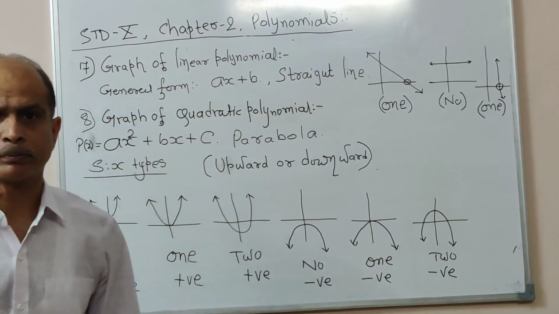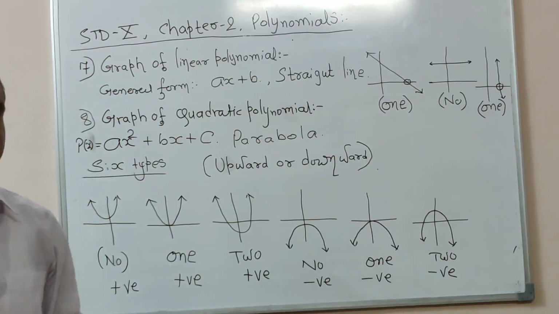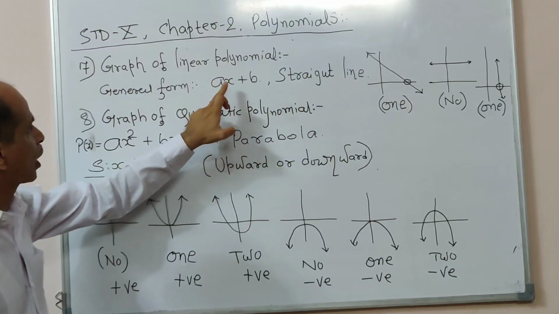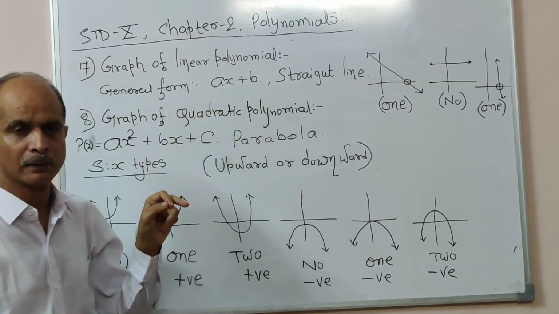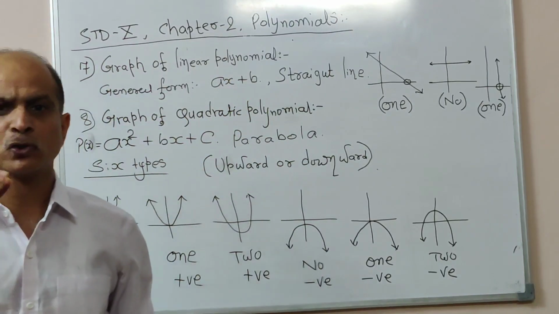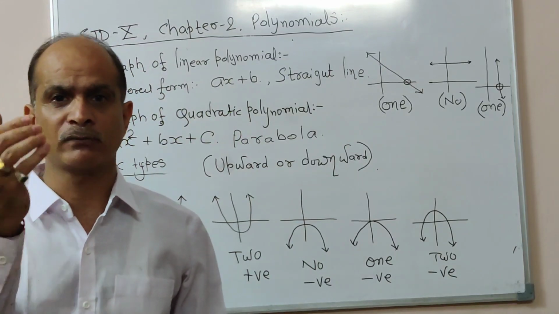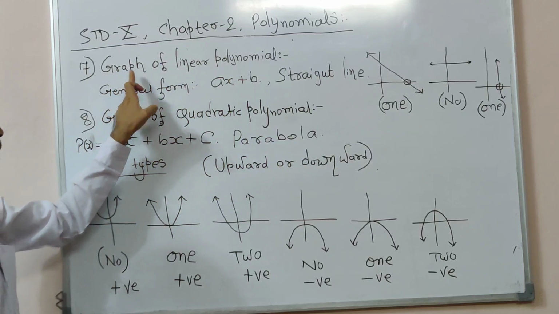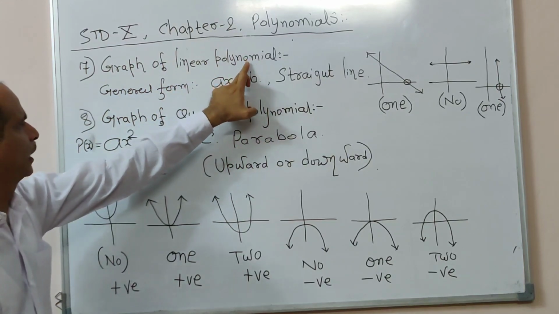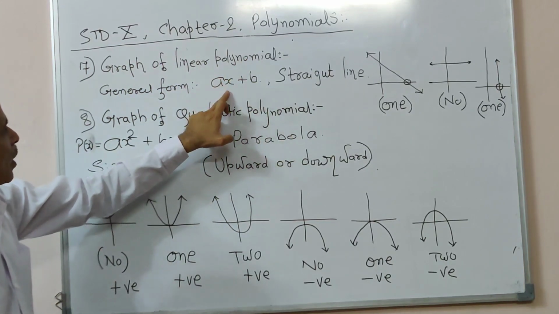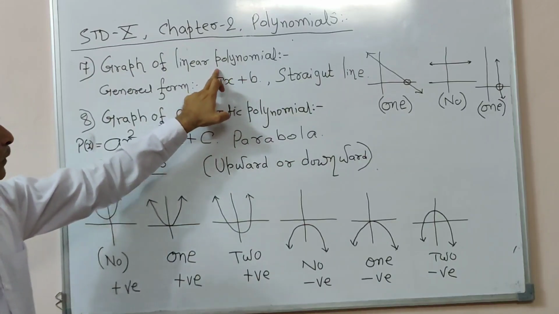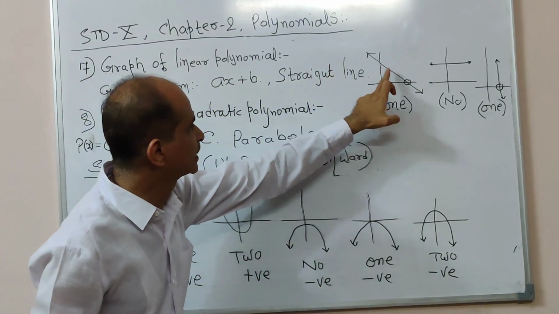Here the name of the variable is x and a is known as the coefficient of x, while small b is known as the constant coefficient. If we draw the graph of a linear polynomial, as the power of x is 1, the degree of x is 1, the type of graph is a straight line.